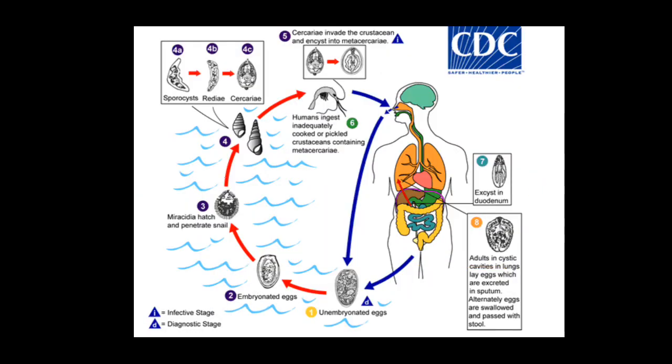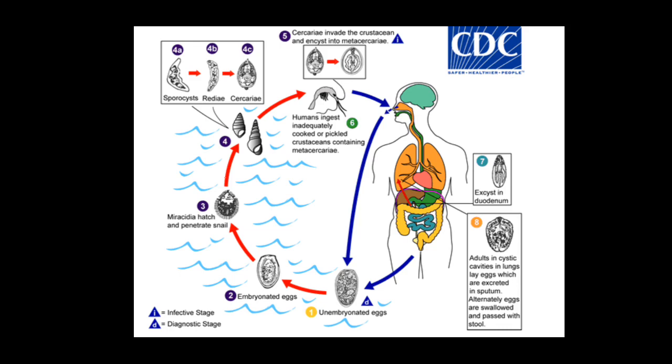So the metacercariae have reached the stomach and then the duodenum. They get excysted in the duodenum and then they penetrate the intestinal wall and they reach the peritoneal cavity and then they pierce the diaphragm and they reach the lungs, the larval forms, that is the metacercarial forms.